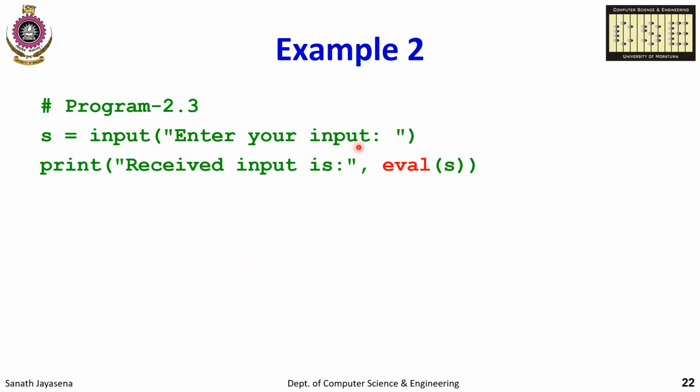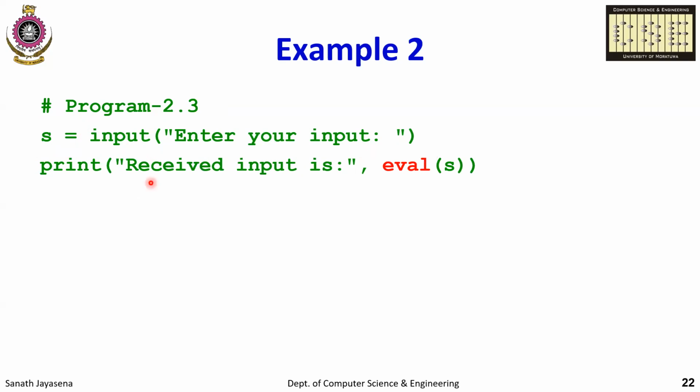That prompt will be displayed, and whatever the user types, the input function will read from the keyboard and return as a string, and then S will refer to that. So this is a variable referring to that string object.